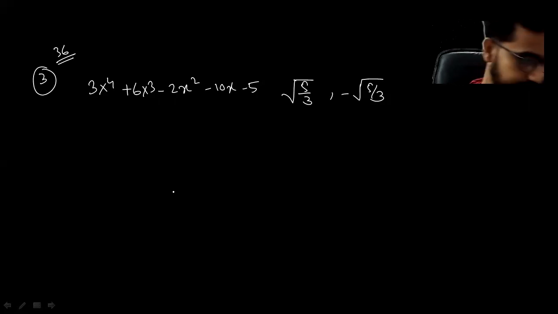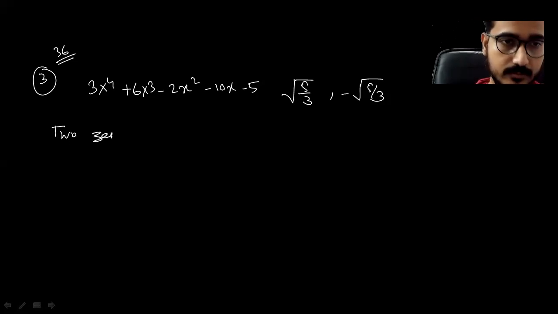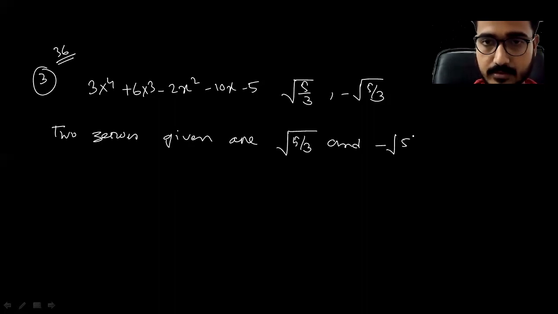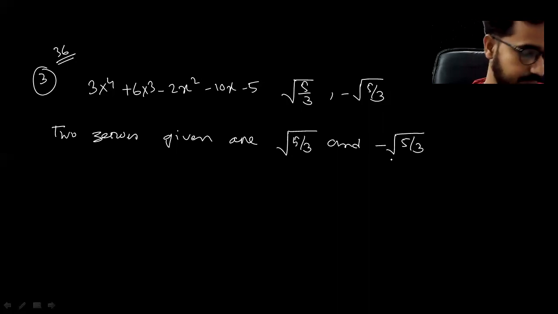So how can you find? Write down: two zeros given are root over 5 by 3 and minus root over 5 by 3.